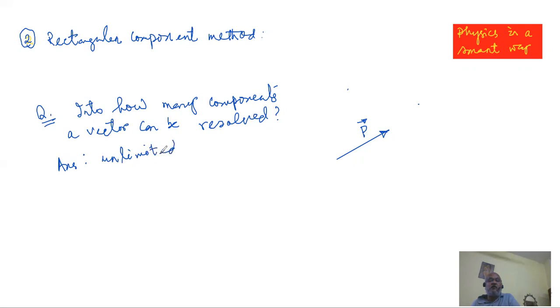If somebody wants, he or she can show, starting from the tail of P, that P is consisting of two components, maybe P1 and P2. Here in the diagram, we clearly show that P1, P2 combinedly they create P. Somebody else can show P to be consisting of 3 or 4 components, as you like.